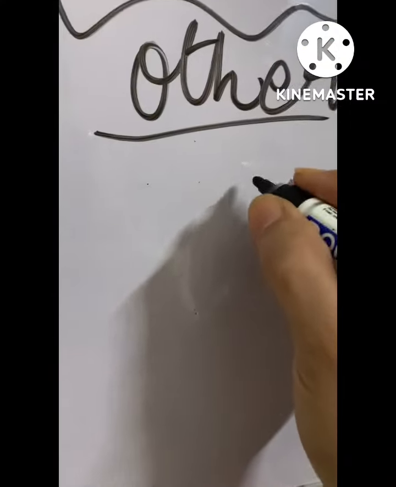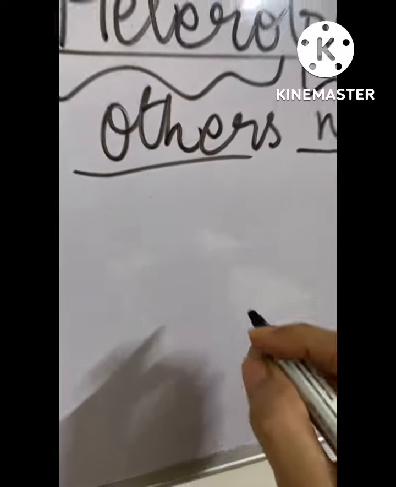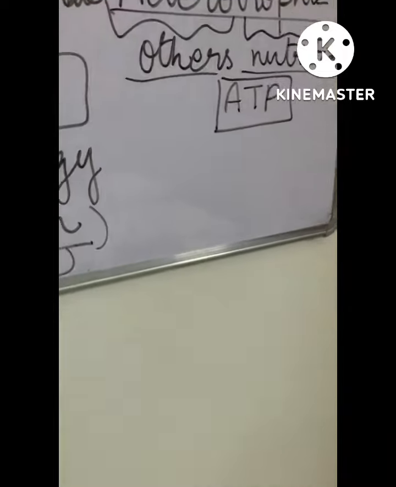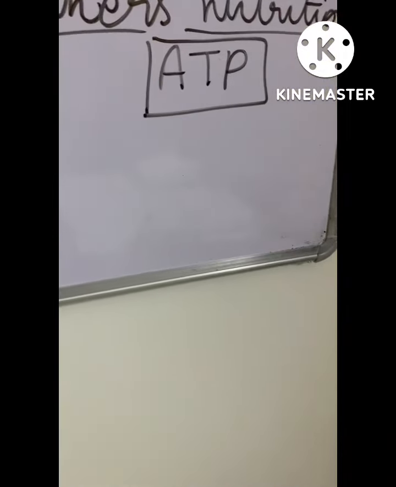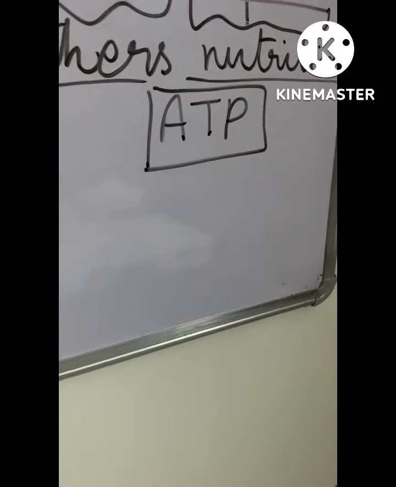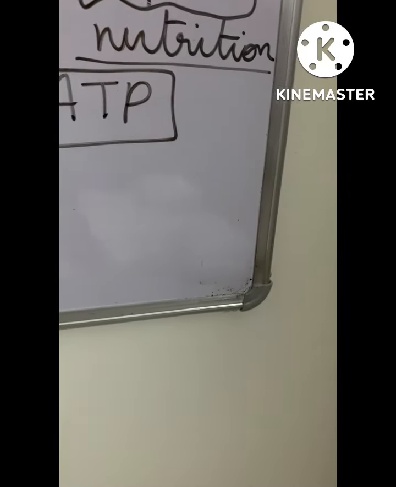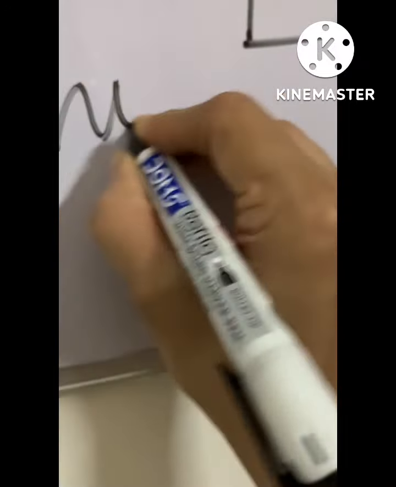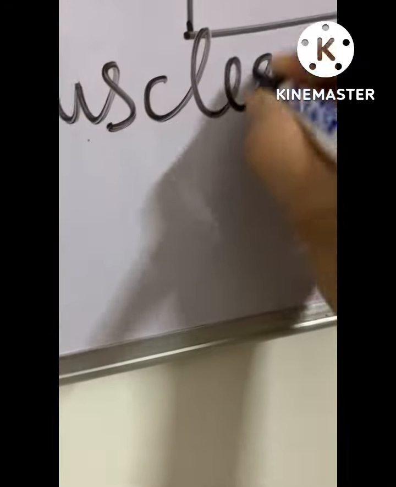Children, in the heterotrophic nutrition, the food is prepared, right? And energy is released in the same way in the form of ATP molecules. And here, the extra food or the unutilized food or the unutilized energy is stored in muscles and liver.